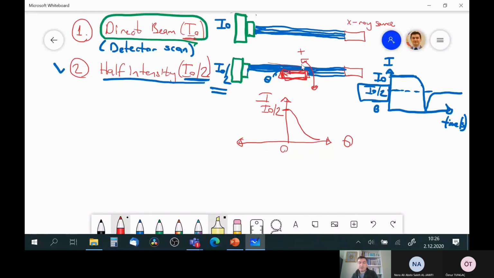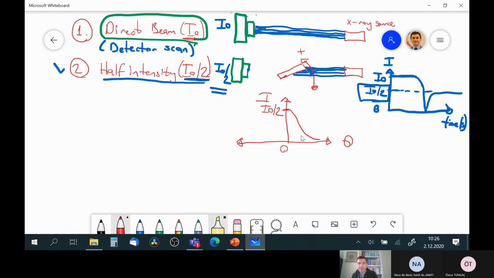Then I am rotating the sample. Just consider like this. After a certain angle, the sample will be like this. And what do you see here? No intensity can go to the detector, okay?